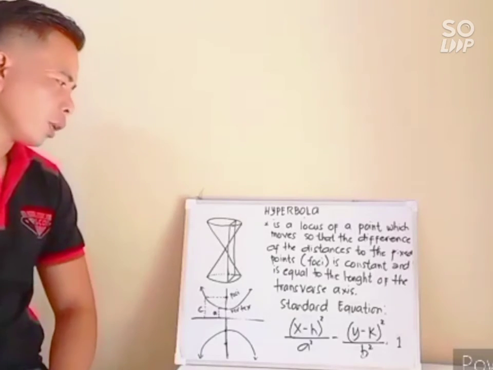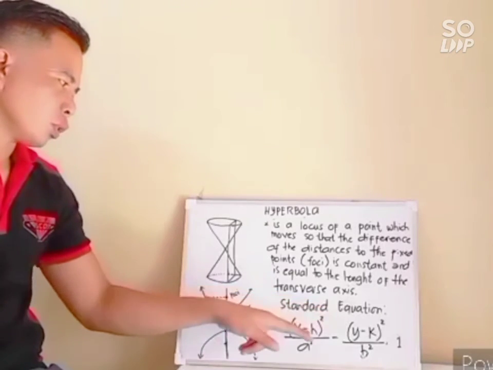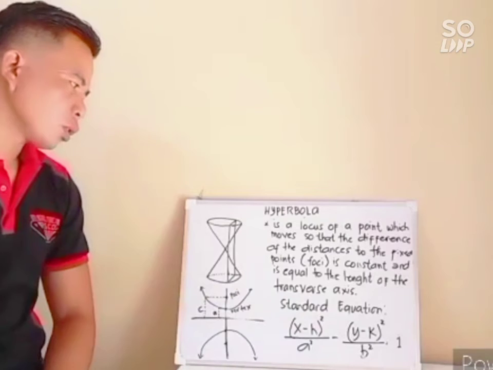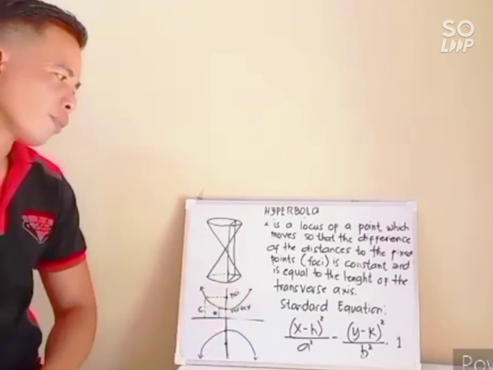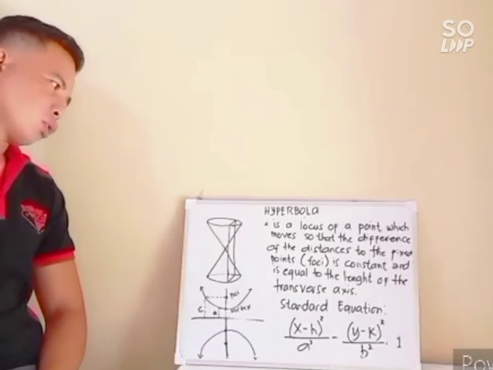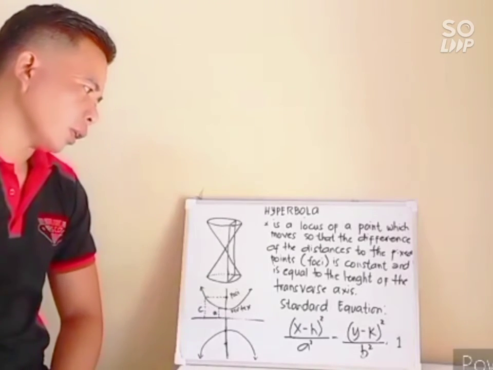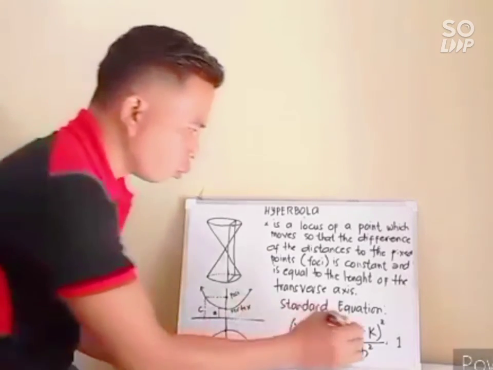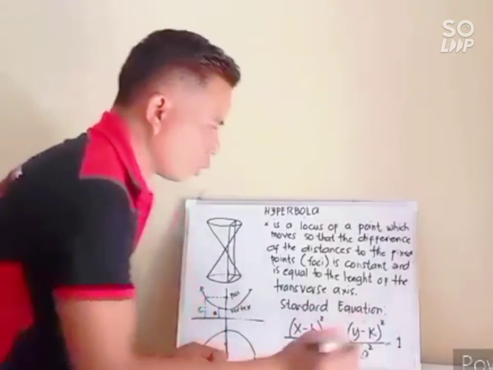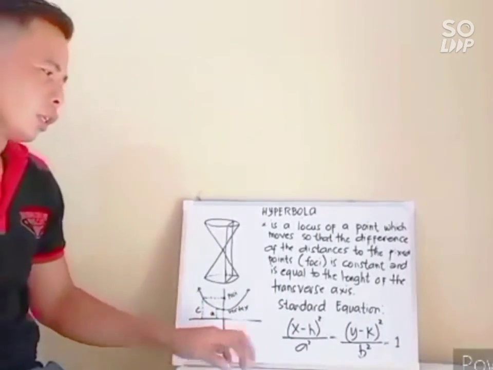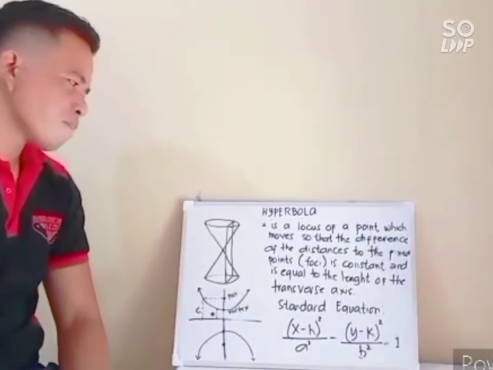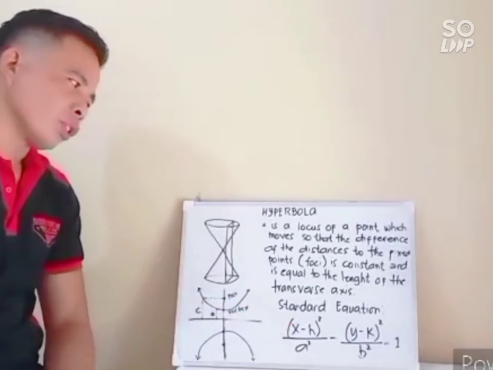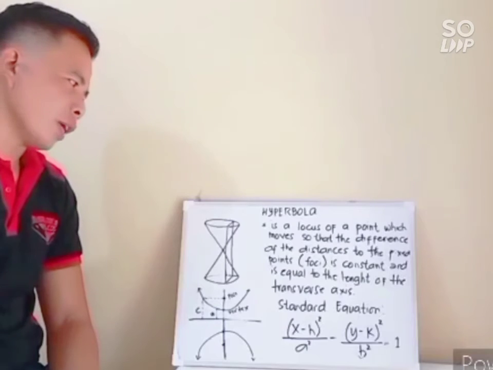In a hyperbola, we have a standard equation which is x minus h squared over a squared minus y minus k squared over b squared equals 1. As you can see, this standard equation is related to the equation of the ellipse.